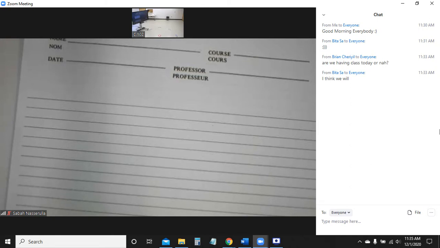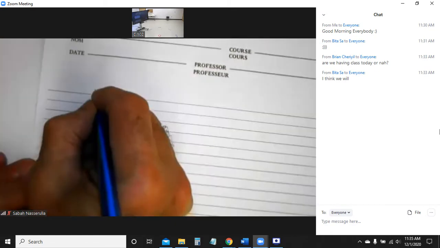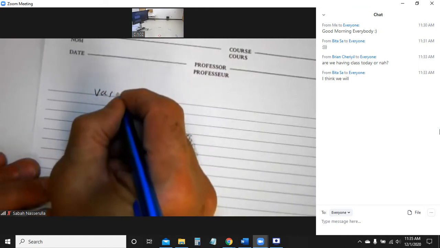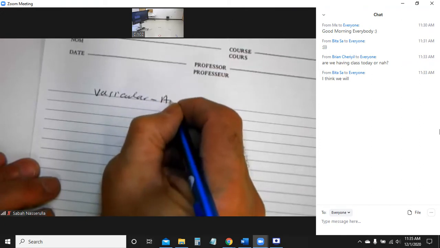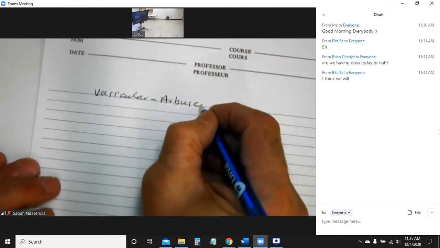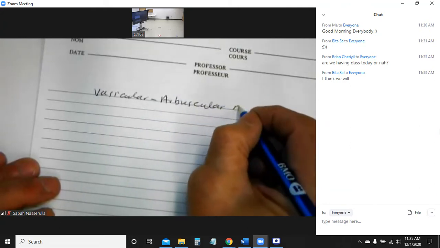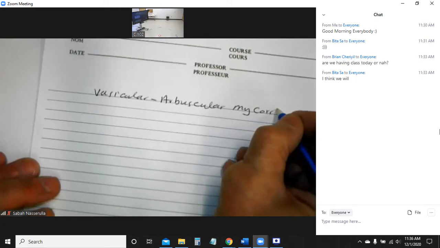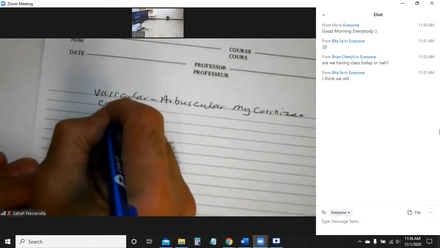We continue with this. We call it vesicular or arbuscular mycorrhizae, which simply means the endomycorrhizae.